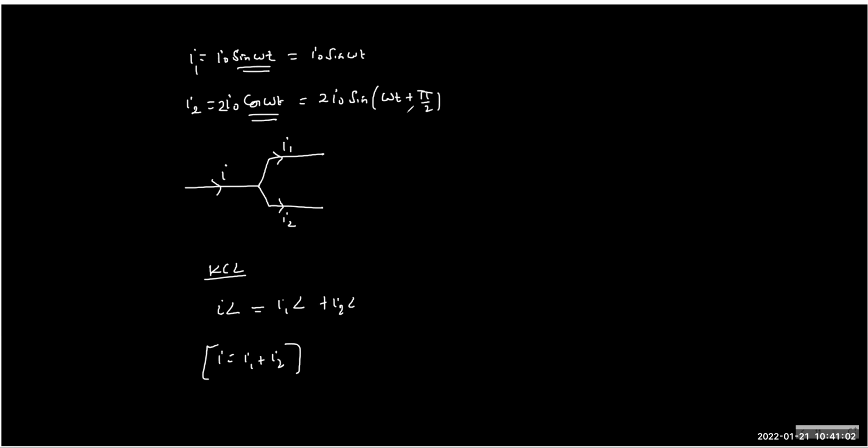Now, once you have everything in the sine representation, take the sine omega t as a reference vector always, and the length as the amplitude. The other vector is 2I naught in length, but at what angle? 90 degrees ahead.